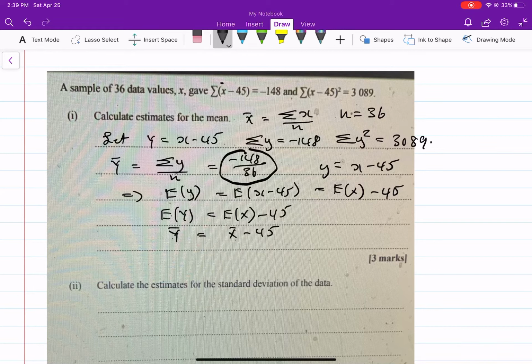And therefore, if I want x bar, it would be equal to y bar plus 45. If I change this up, I get that formula.